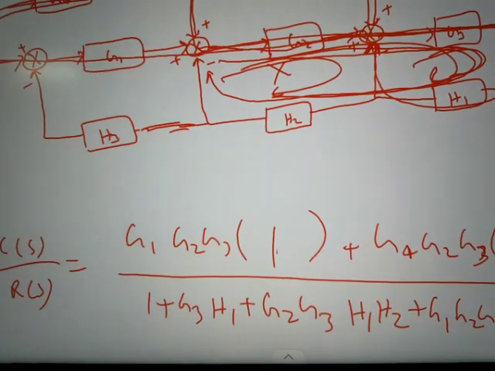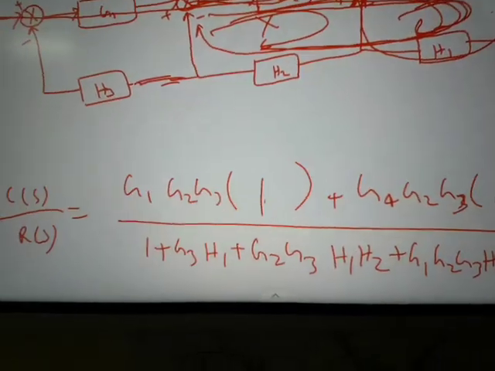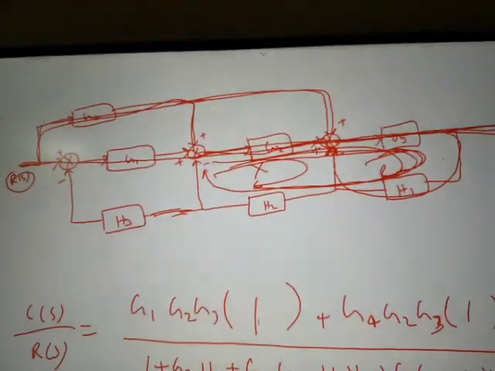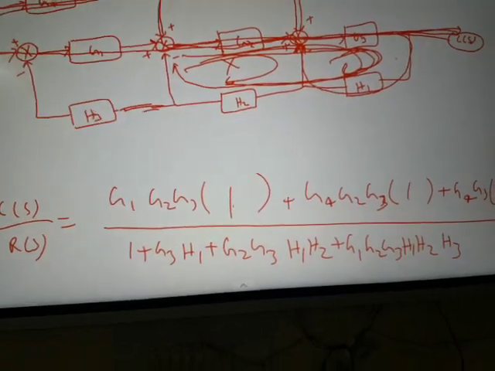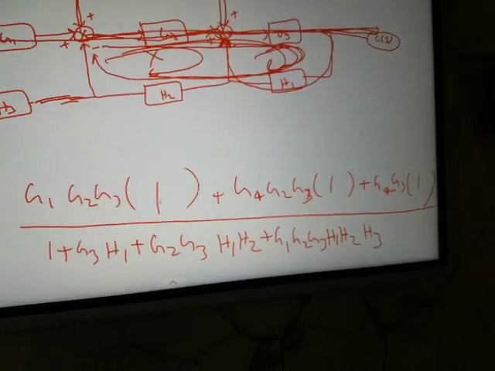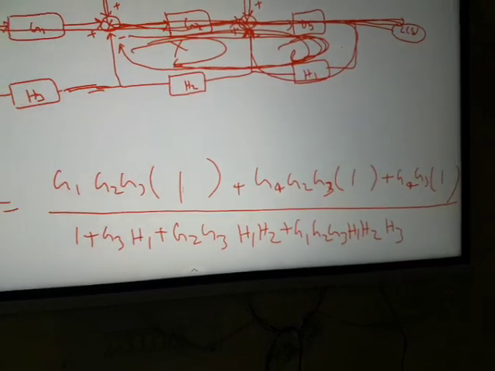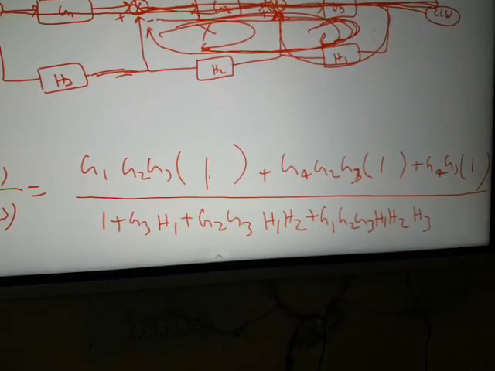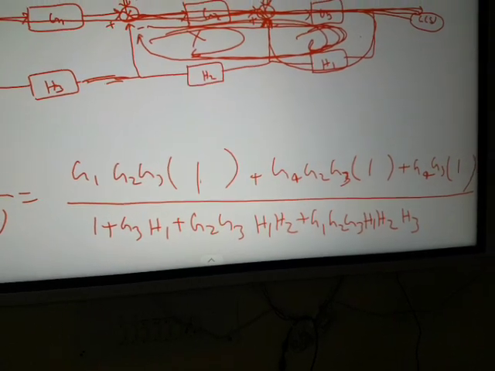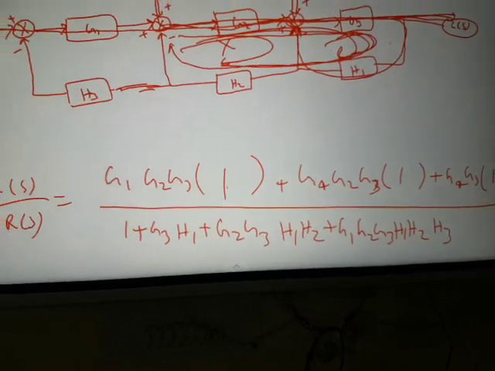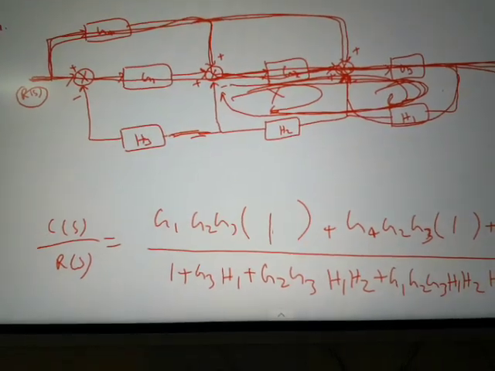So the overall transfer function for this block diagram is G1 G2 G3 plus G4 G2 G3 plus G4 G3, divided by 1 plus G3 H1 plus G2 G3 H1 H2 plus G1 G2 G3 H1 H2 H3. Okay, thanks.